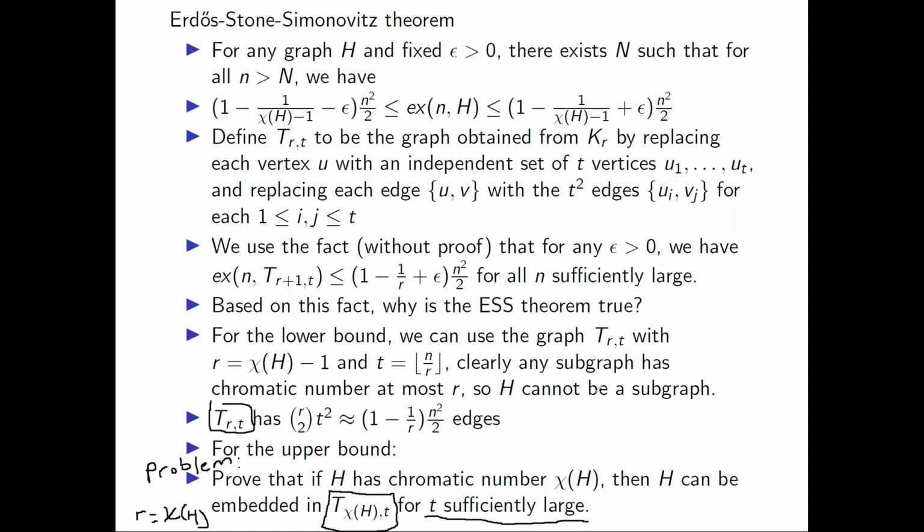So when you're proving that you can find some T of chi of H comma t, for t sufficiently large, that contains H, you just want to say what the value of little t is for which you can find H in there and just prove that you can find the copy of H. So you can just construct the copy of H if you want.